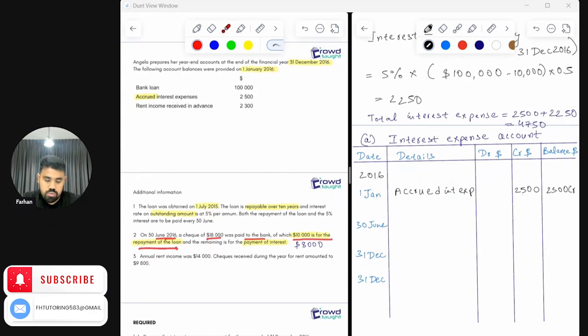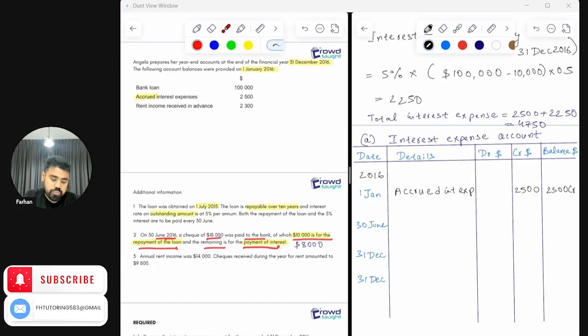And which also makes complete sense based on what they have told us. And the remaining is for the payment of interest. So if $80,000 is the total amount we have used, and out of that $10,000 went towards the repayment of the loan, the remaining should be $8,000, which is paid for interest expenses.